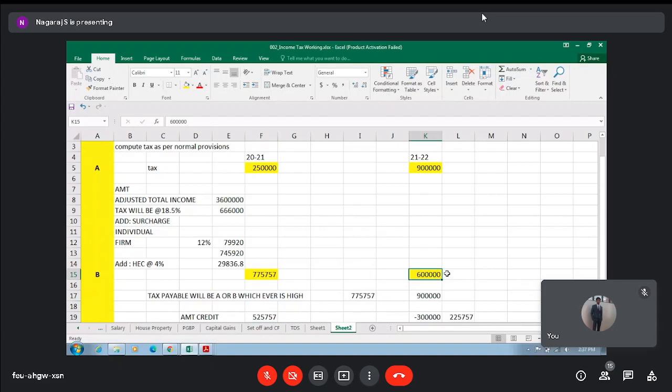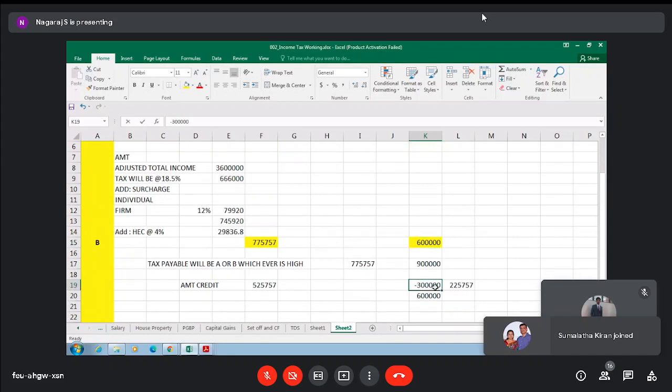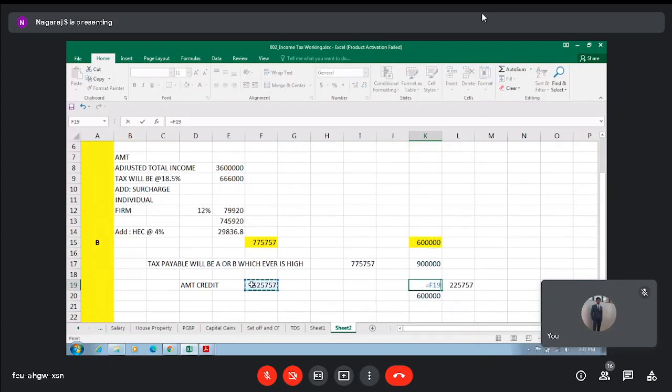That means you have to pay minimum this. Assume that if you claim full, what happens? You will end up paying 3,74,243, right? In this year. Is that correct?